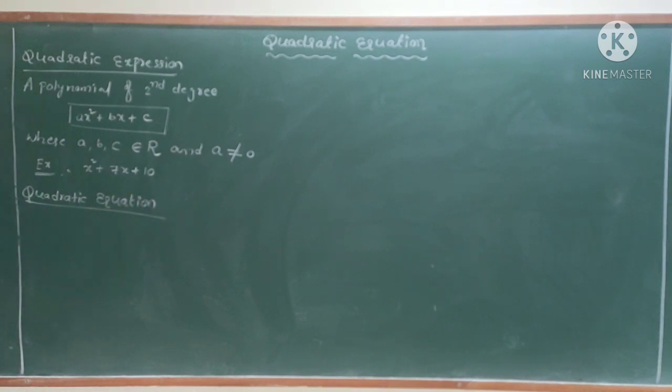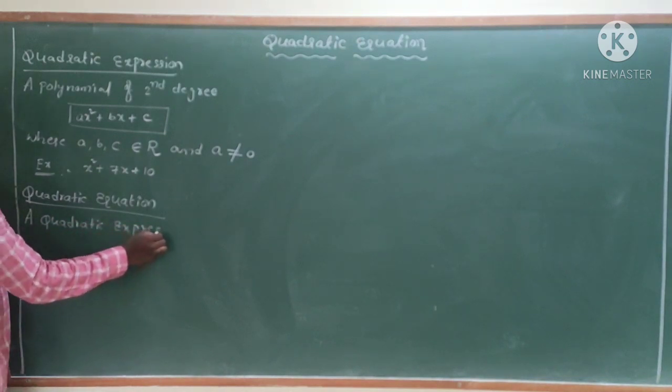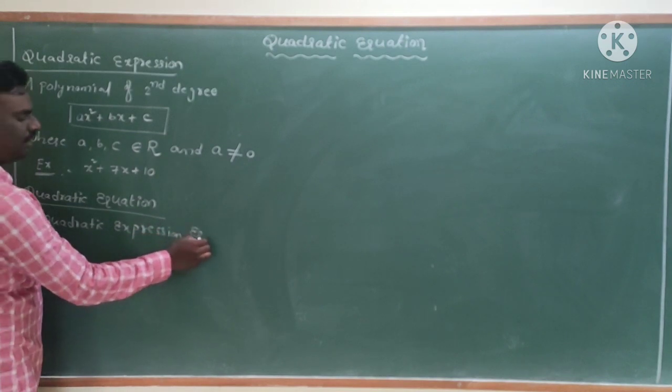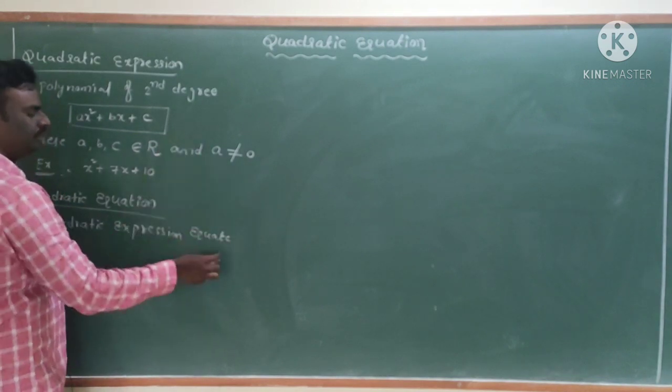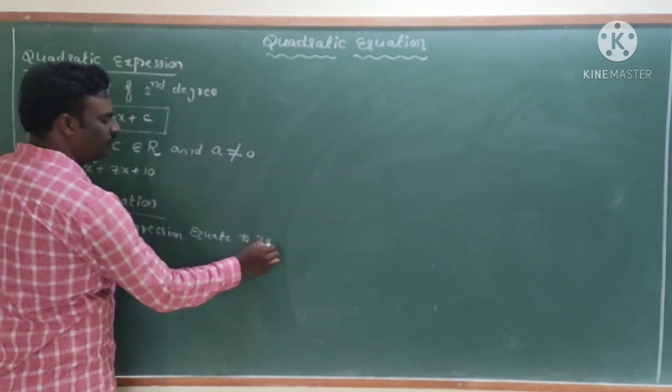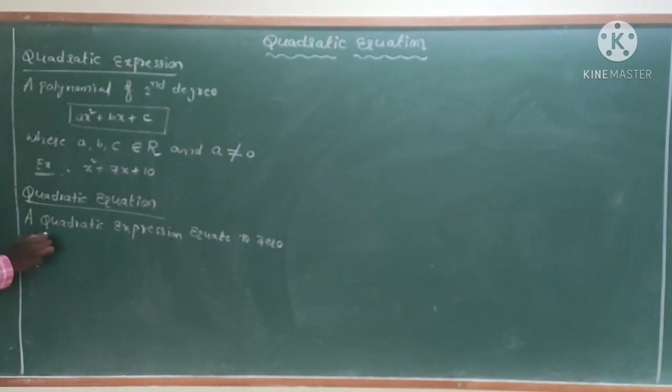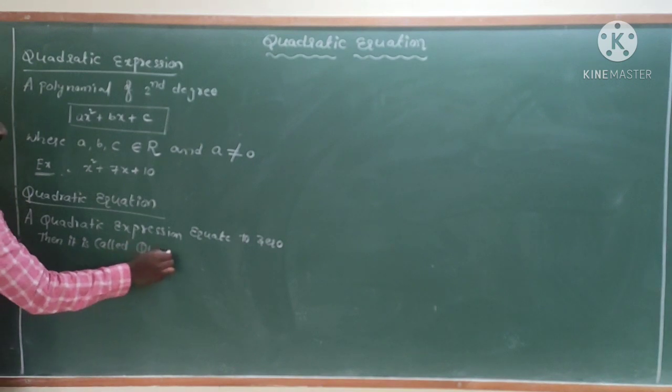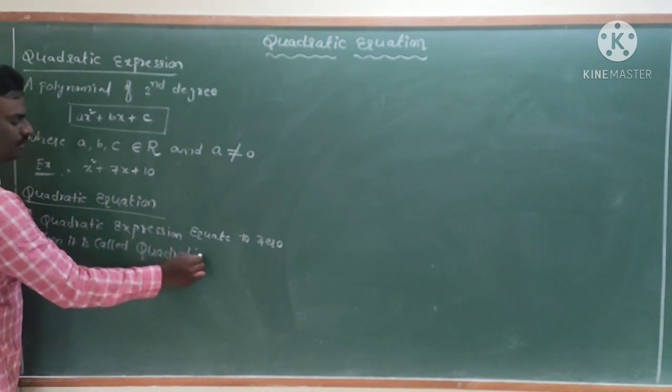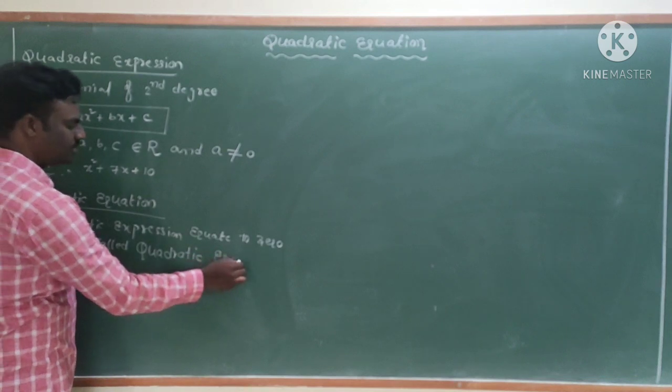equation. What is meant by quadratic equation? A quadratic expression equated to 0, then it is called quadratic equation.